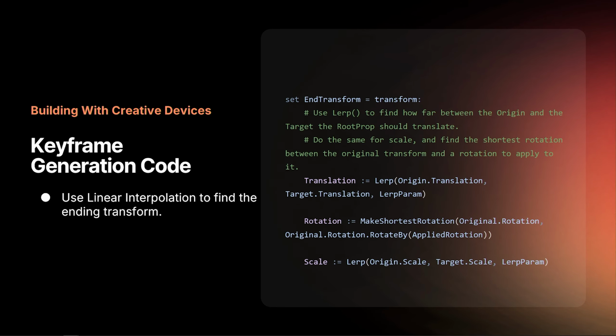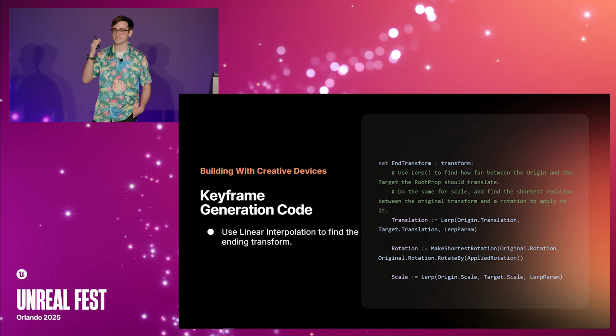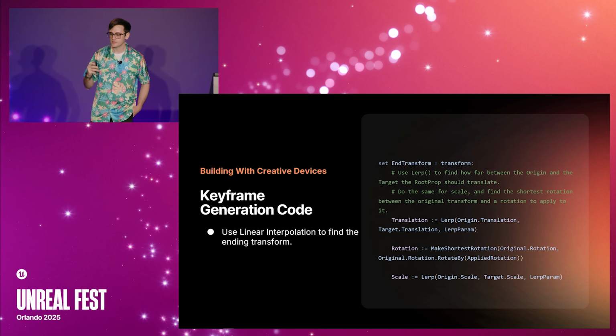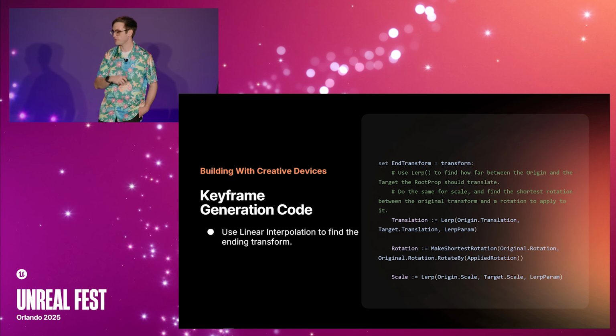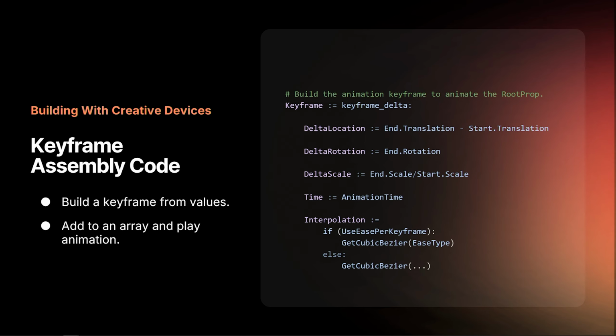Then, animations. I'm not going to get too deep into how animations work in this talk, but the long and the short of it is animations are split into a number of keyframes. Each keyframe says where the object is at some point in time and then how long it takes to get to the next keyframe. So we need to do a bunch of math, linear interpolation, to find the end transform. We assemble each of the different keyframe pieces of this animation.